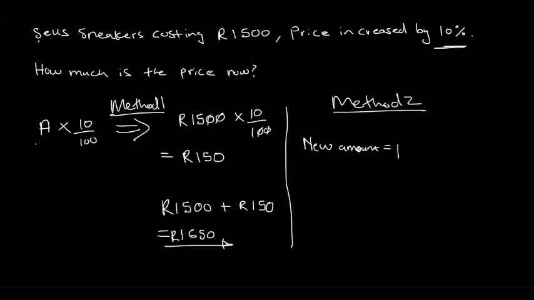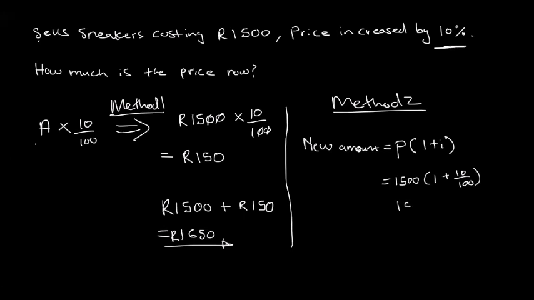Original amount, I'll call that principal amount, I'll call that P, into 1 plus the percentage increase, the interest or percentage increase. In this case the amount was 1,500, then 1 plus 10 over 100.